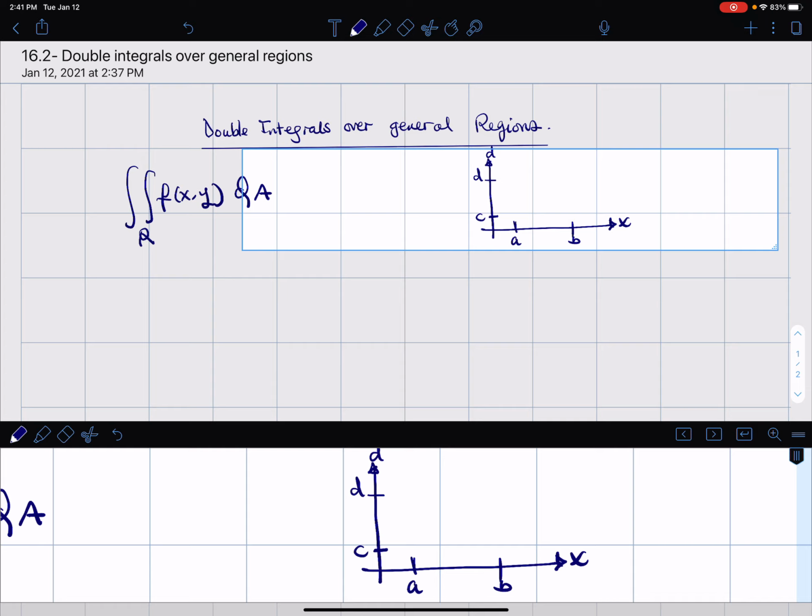Now, if you look at this region, you can think of this as a line, this as a line, and think of this as y being a constant function, y equal to c, and this as another constant function, y equal to d.